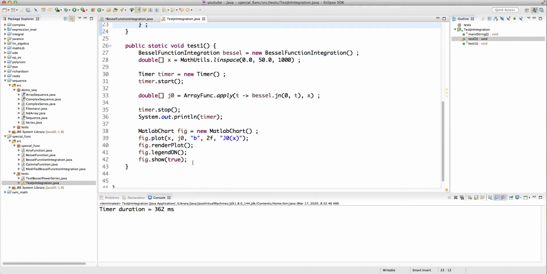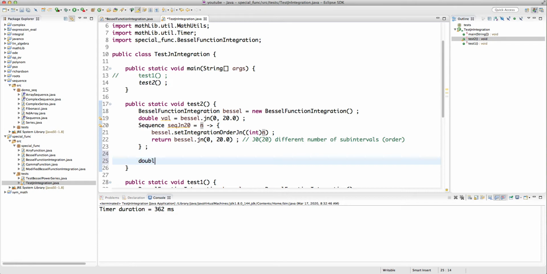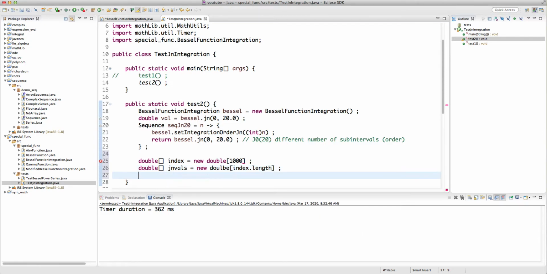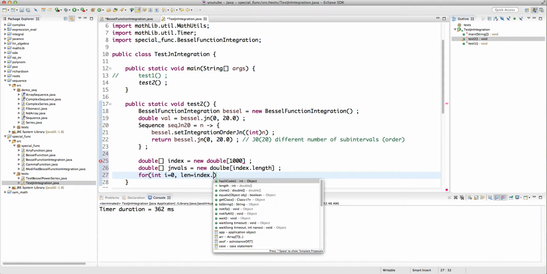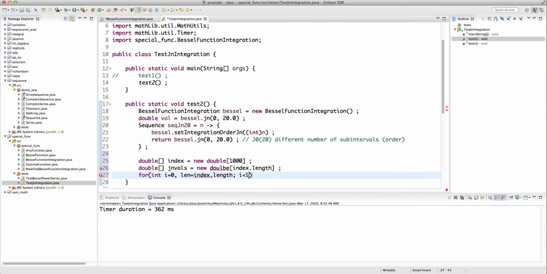So I'm going to create my chart, or maybe let's evaluate the function. So double[] index = new double[1000], and double[] jnVals = new double[index.length], and for int i = 0, len = index.length, and i less than len, i++.